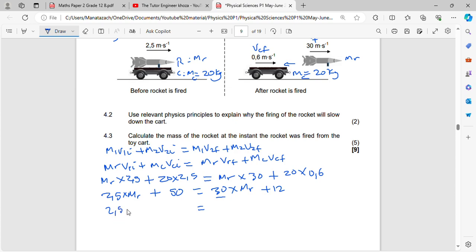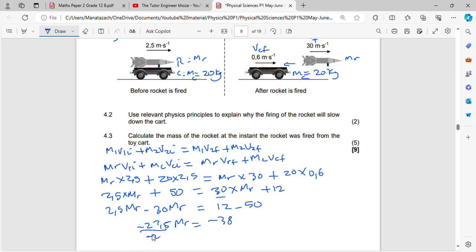That means 2.5 mr will be joined by minus 30 mr. Here 12 minus 50. So 2.5 minus 30 is minus 27.5 mr. Then 12 minus 50 is minus 38.